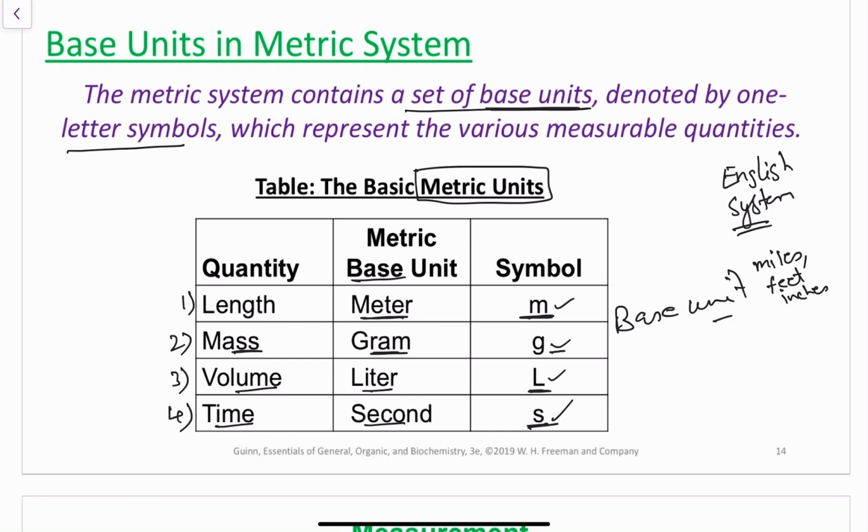For mass we might be using pound. For volume we might be using gallon, right? For time, still second, right? So if you see miles, feet, inches, pound, gallon, that means we are talking about the English system. But in metric units it is always meter, gram, liter and second, right? So that you know the difference, which system we are using.